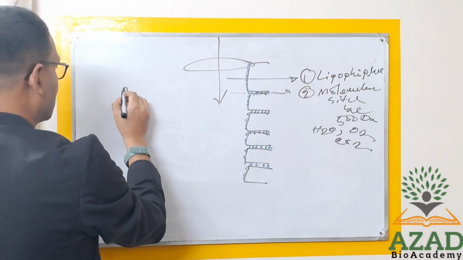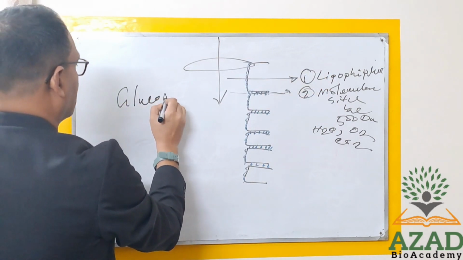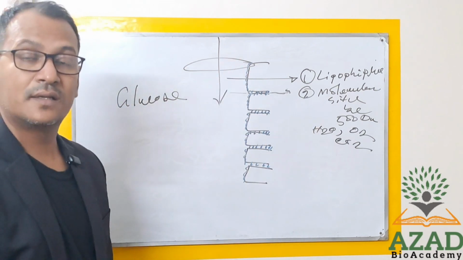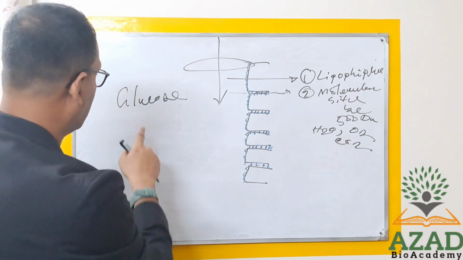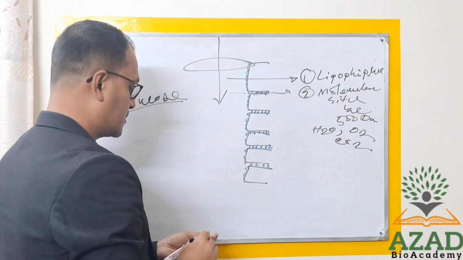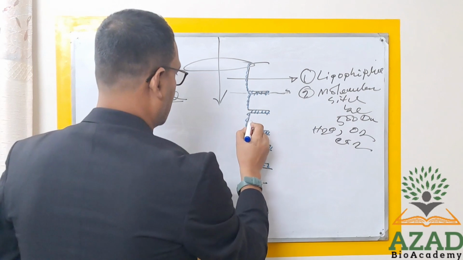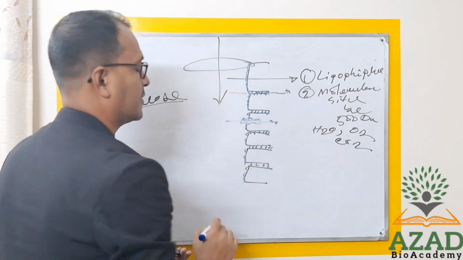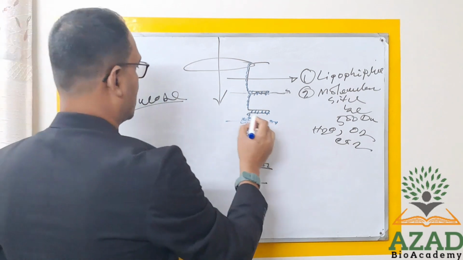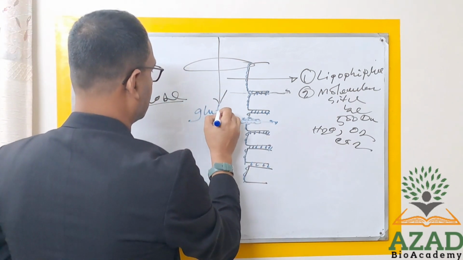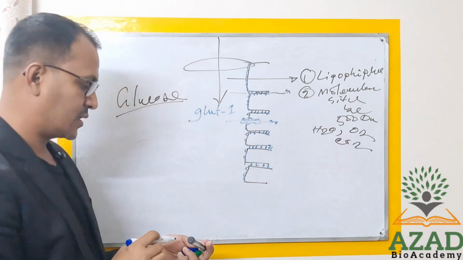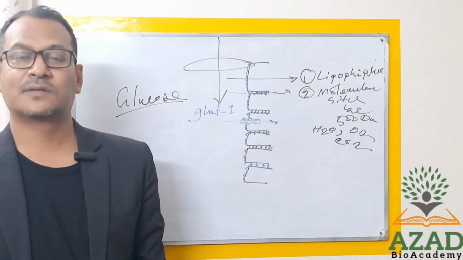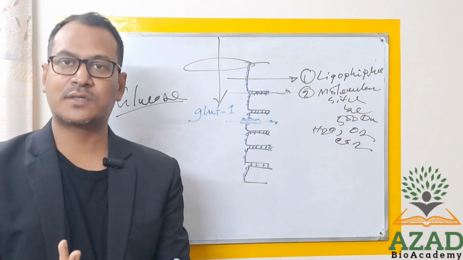So how does glucose pass through the membrane, because this membrane is highly restricted? There glucose transporters are there. The name of the glucose transporter is GLUT1. Okay, so through this GLUT1 channel, only glucose can pass.